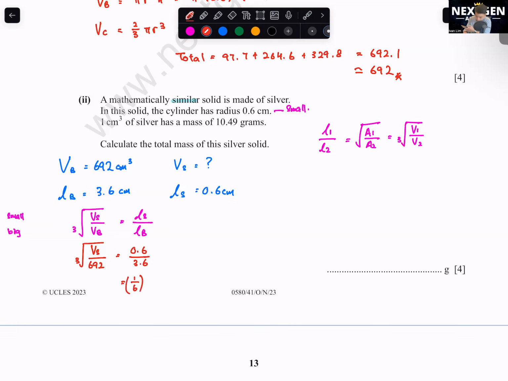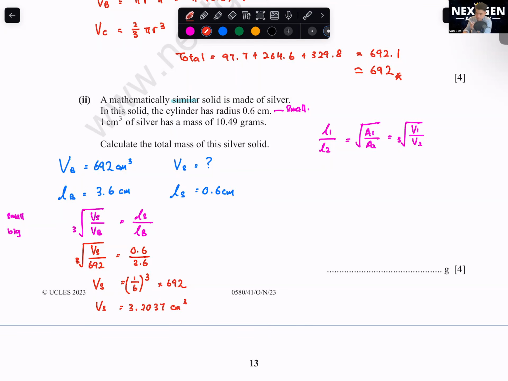The cube root I bring over becomes cube, then I multiply by 692. You will get 3.2037 cm cubed. Everyone understand until here first?